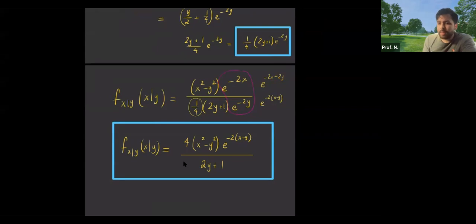Oh yeah, it could be the input for the question. It could be that your joint distribution is a different number. The numbers will change, but the structure of the problem is the same. It's going to be something similar. So you have to do all of this.